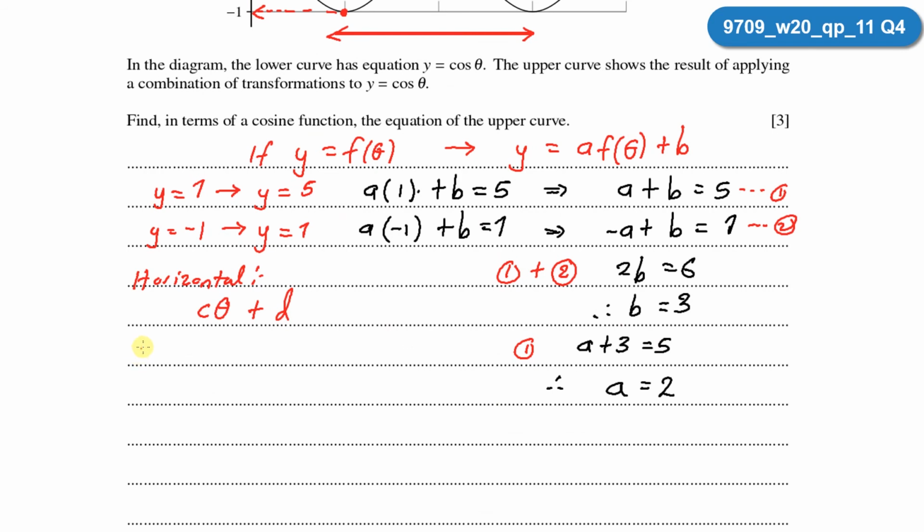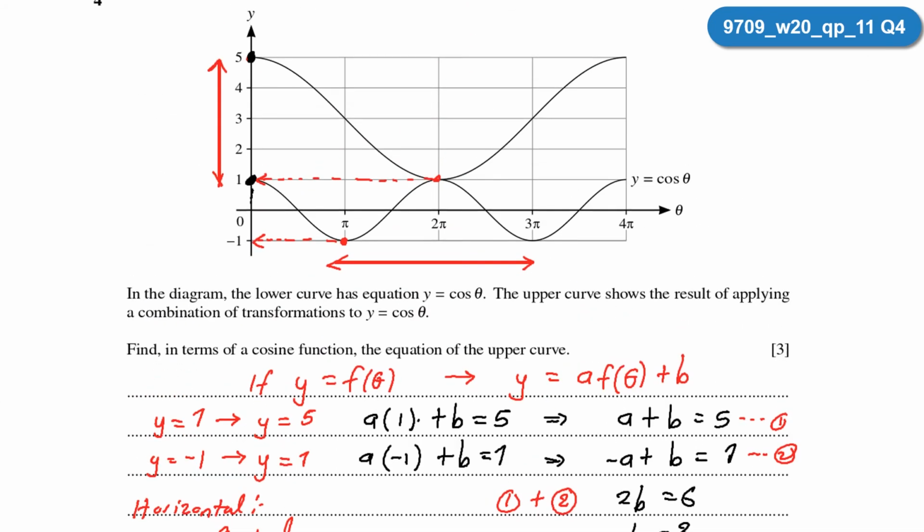So we're saying here the point 0 is being transformed onto the point 0, which therefore means that C of 0 plus D is giving us 0. And this translates to D is 0. Again, let's look at another set of points.